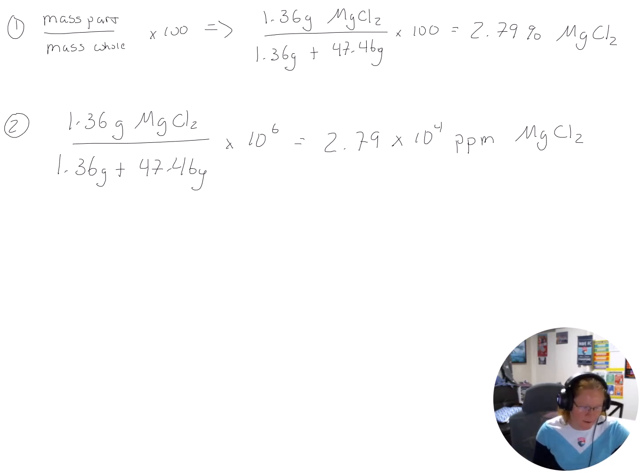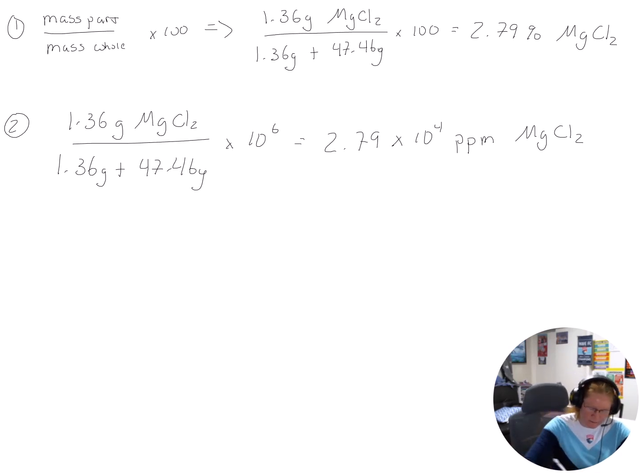Okay? All right, now in order to figure out our mole fraction, our molarity, and our molality, we need to know moles of both magnesium chloride and the water, because mole fraction is moles of part over moles of whole.